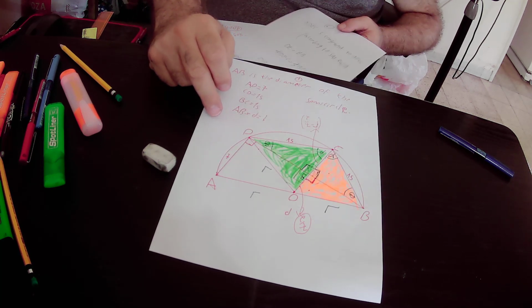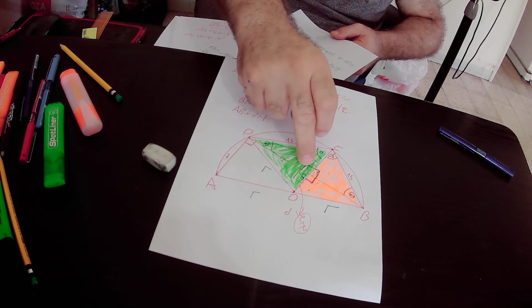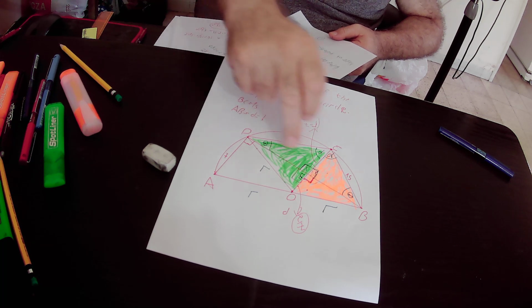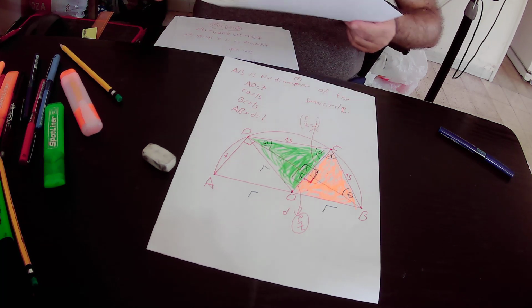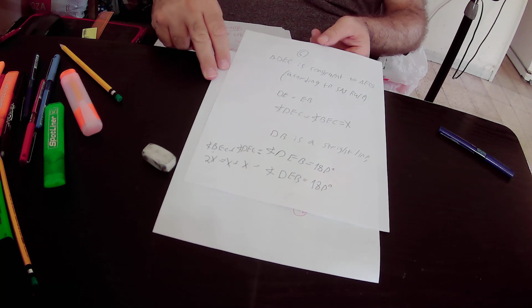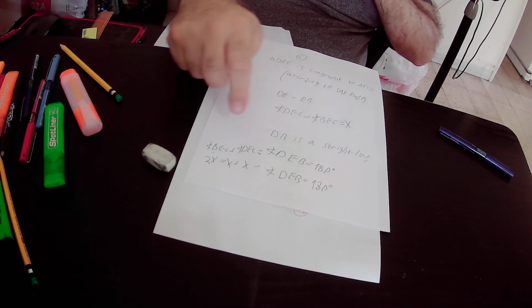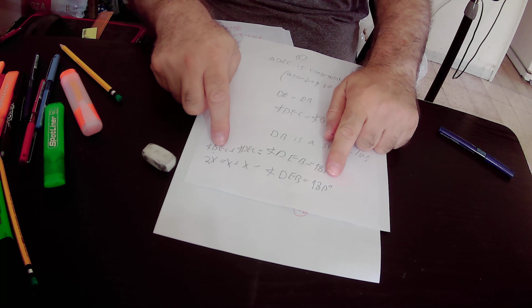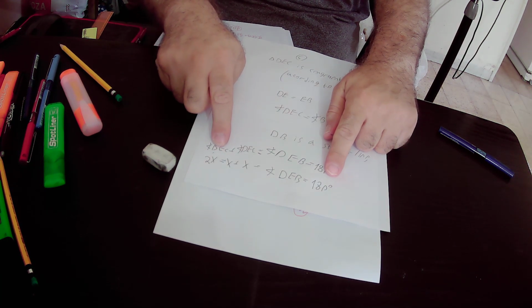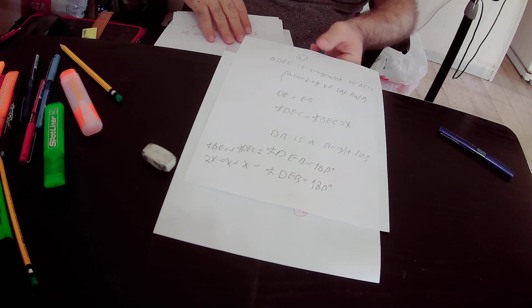But from the other side, we define this angle as x and this angle also x, so angle BEC must also be equal to x plus x, that is 2x. So from one side angle DEB must be equal to 180 degrees, but from the other side it must also be equal to 2x. So from this equality we can derive that 2x equals 180 degrees.